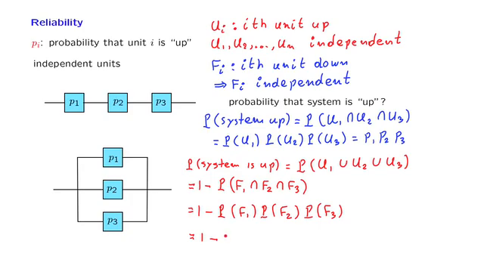The probability that unit 1 fails is 1 minus the probability that it is up. Similarly, for the second unit, 1 minus the probability that it is up, and the same for the third unit.